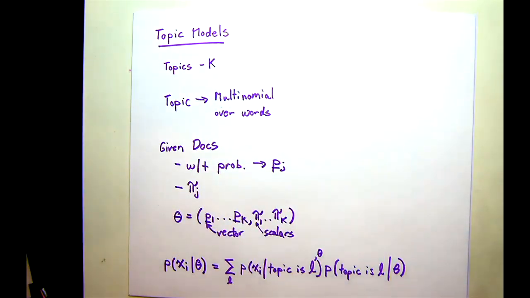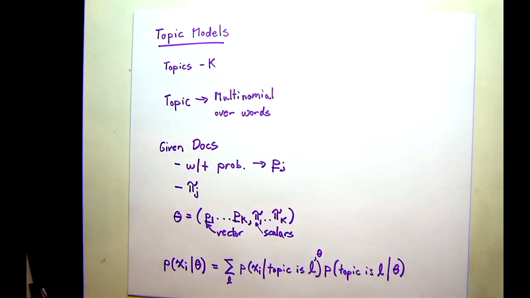Now this should look a lot like the clustering we did before with the GMM. The big difference is instead of having a mean, the probability is over all of the words. So it's a little bit of a different thing you have to learn.